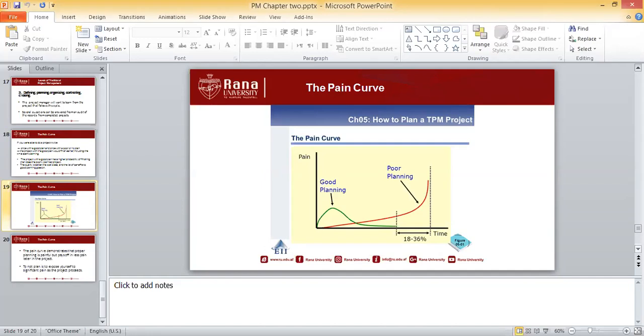If you spend a lot of time in the planning, ultimately the project implementation and the project closing will consume less time. You can see that the green line is decreasing, and it meets the x-axis.